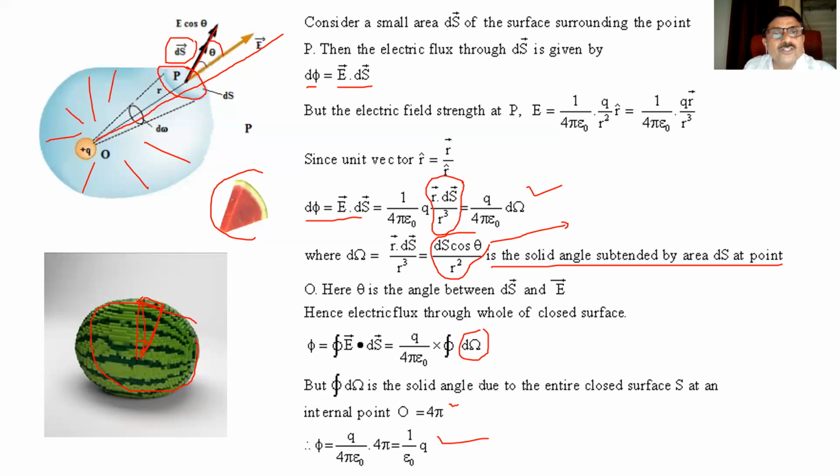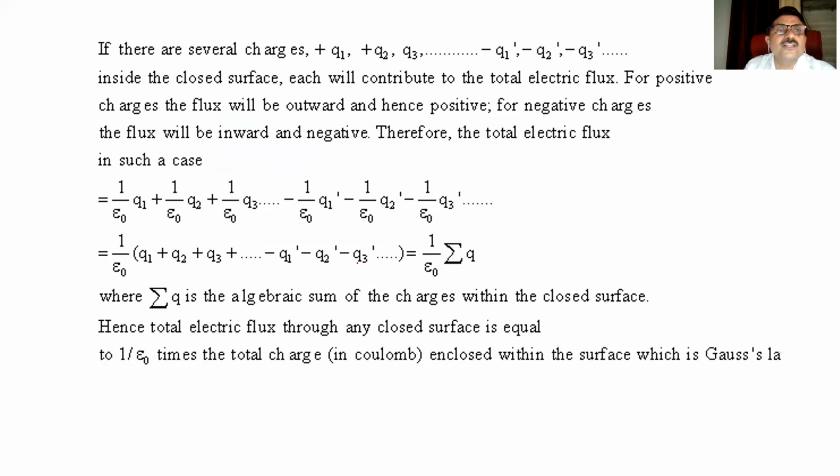So we have considered only one charge. If you consider multiple charges, say several charges Q1, Q2, Q3, or suppose negative charges also, minus Q1 dash, minus Q2 dash, which are enclosed within the closed surface, then the net electric flux will be given as a vector sum: Q1 divided by epsilon 0 plus Q2 divided by epsilon 0 plus Q3 divided by epsilon 0 and so on, minus Q1 dash divided by epsilon 0 minus Q2 dash divided by epsilon 0 and so on.